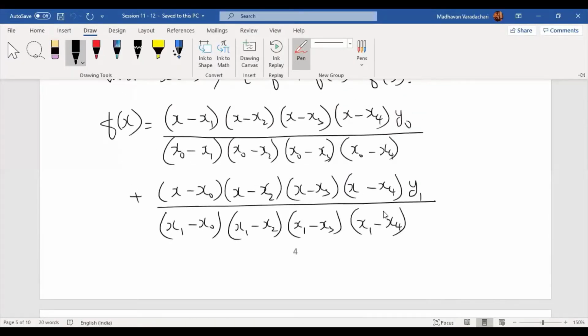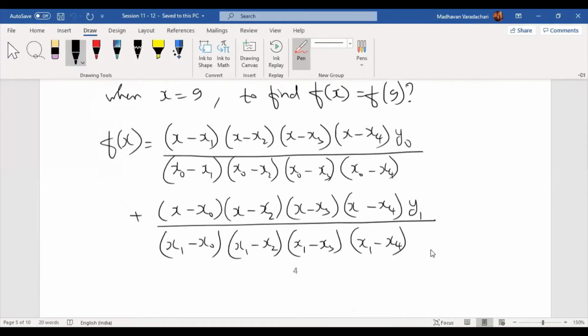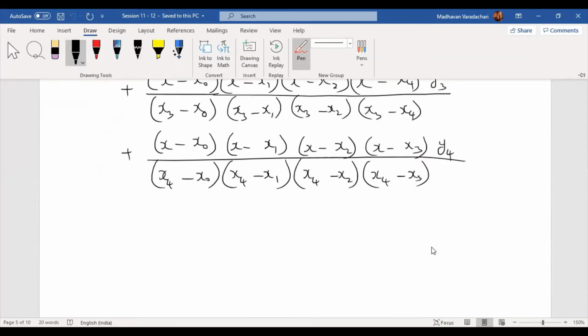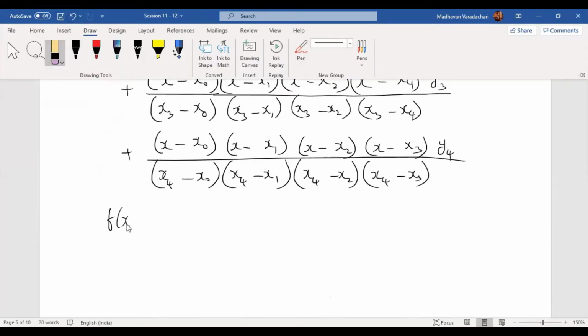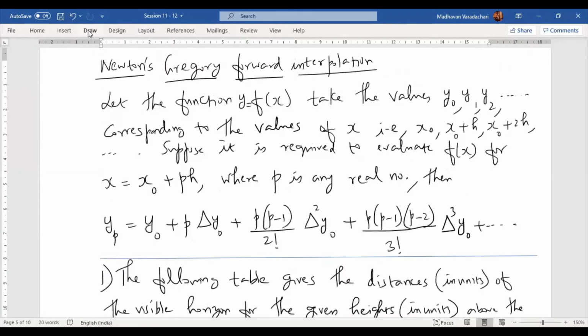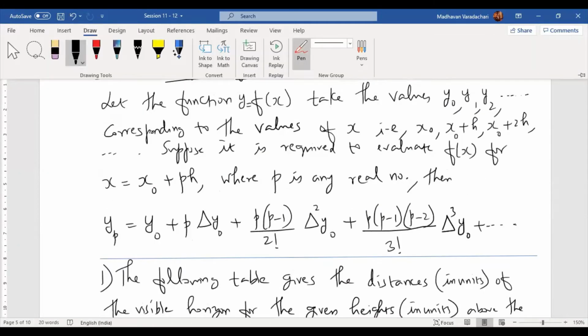So if we substitute the values, what do we get? Or I should say f of 9, sorry, because we are going to substitute x for 9.